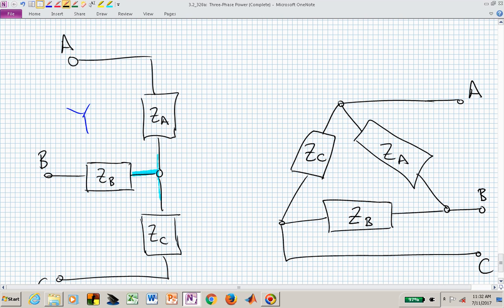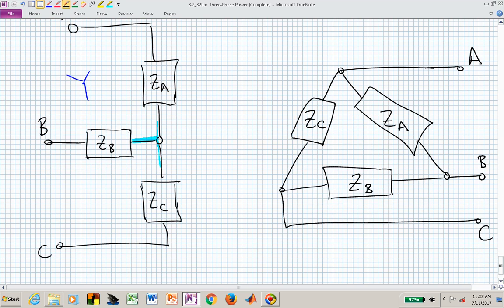And now we have hopefully illustrated the two different wiring strategies for interconnecting the loads. We have the Y with Z sub A, and if these are balanced, then Z sub A is identical to Z sub B is identical to Z sub C as far as impedances are concerned. Likewise in the delta.